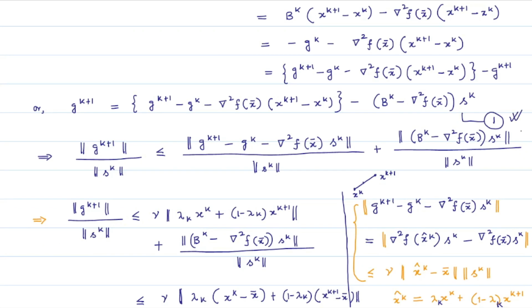From this equation 1, we bring this portion on the left and take this g_{k+1} on the right and then divide by norm of s_k. Then you take the norm. You will get that the norm of this quantity divided by norm of s_k is less than or equal to norm of this quantity divided by norm of s_k plus norm of g_{k+1} divided by norm of s_k.